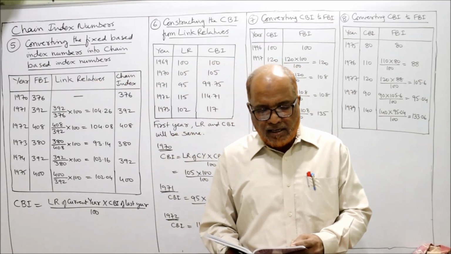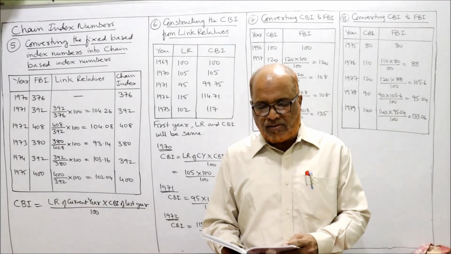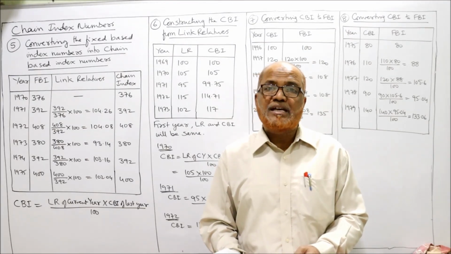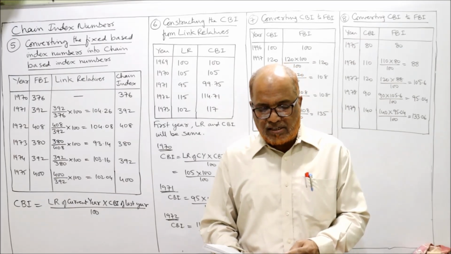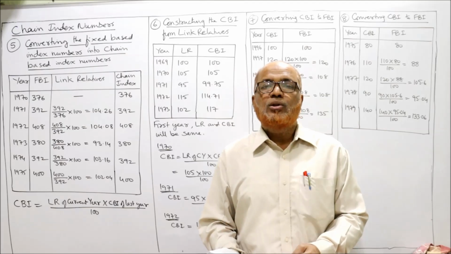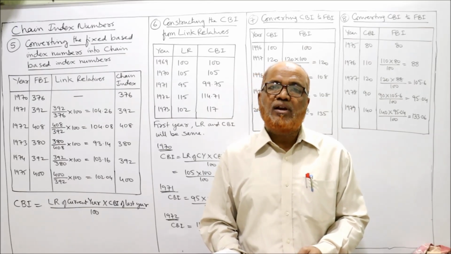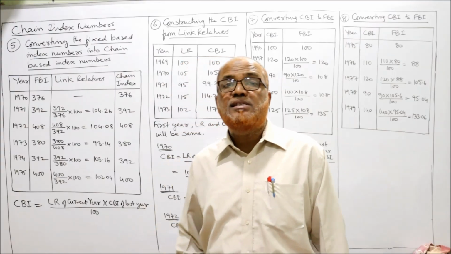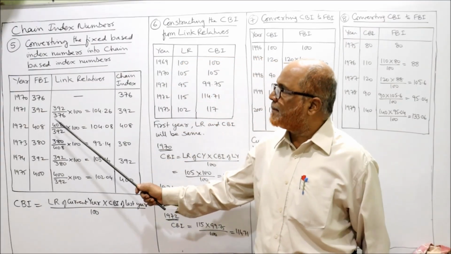Now, the years are given: 1970, 71, 72, 73, 74, 75, and the FBIs are given: 376, 392, 408, 380, 392, 400. We have to convert this FBI into CBI.